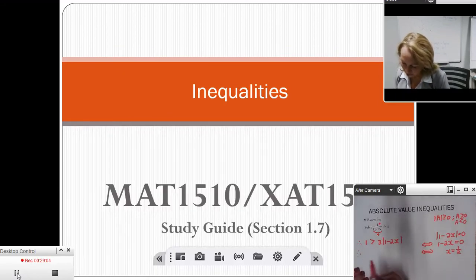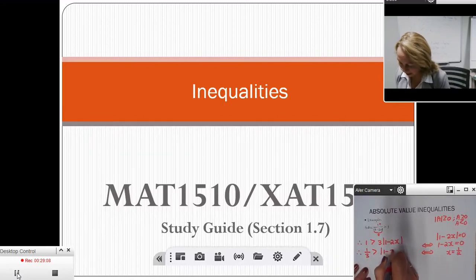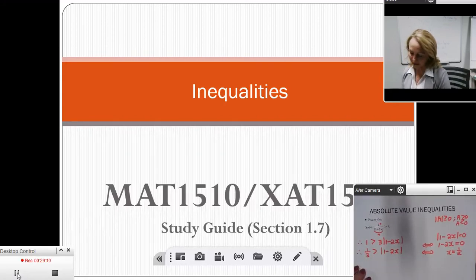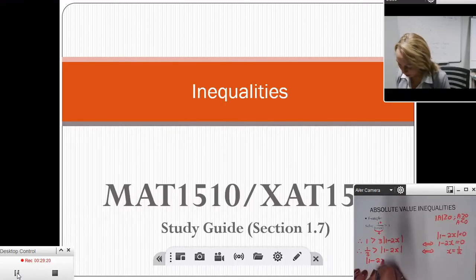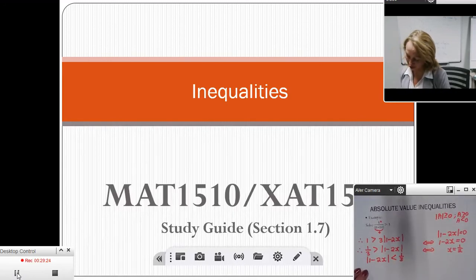Right, so therefore I divide both sides by 3 and my inequality becomes a third is greater than the absolute value of 1 minus 2x. All right, if you prefer, we can write this as the absolute value of 1 minus 2x is less than a third, right? Which you're probably more familiar with.